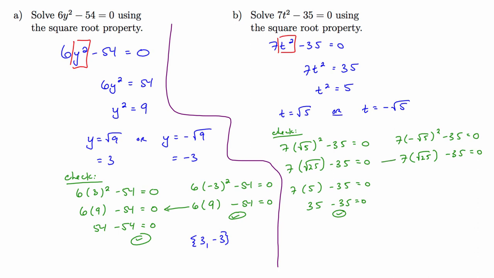You should notice that is exactly the same step we had in the previous check. Once we square root 5 or negative root 5, the negative is gone and the squared part becomes the same value. So we already know this is going to check. To finish off with our conclusion, the solution set is the set root 5, negative root 5.